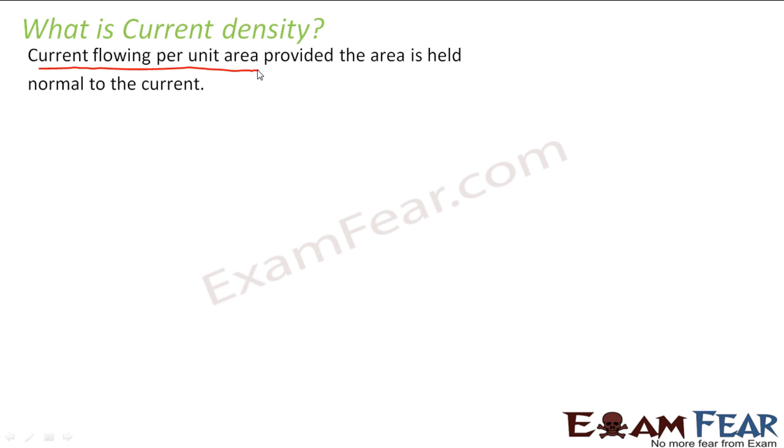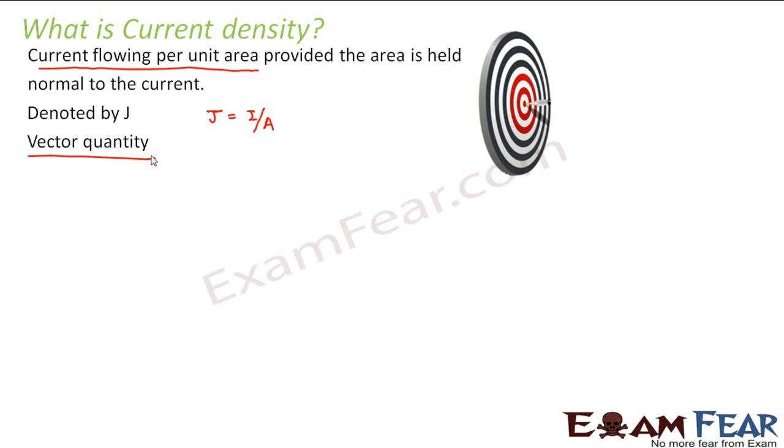So current flowing per unit area vector is current density. As the orientation of the area changes, the amount of current flowing through the area also changes, right? Current density is generally denoted by a capital J. So we can write J is equal to I per unit area. It is a vector quantity. That is the most important point here.